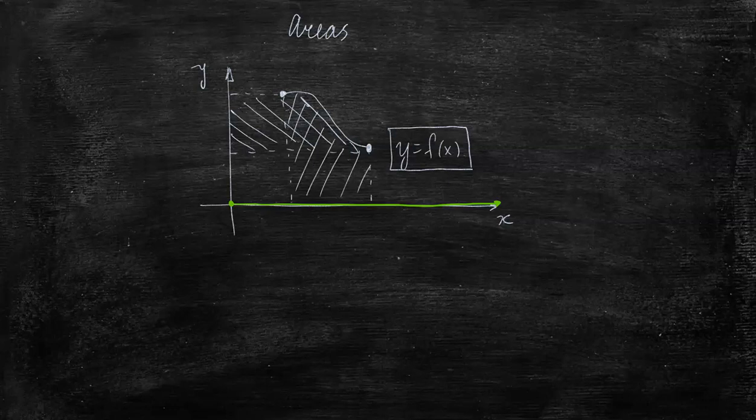It's the area of this sector created by connecting the endpoints of that curve with the pole or the origin, and the curve itself.